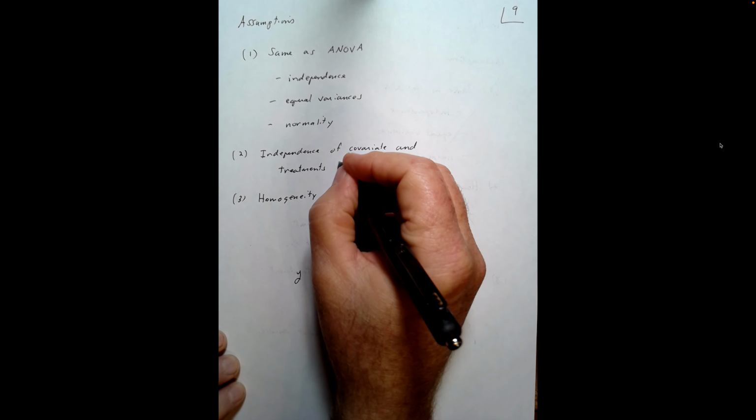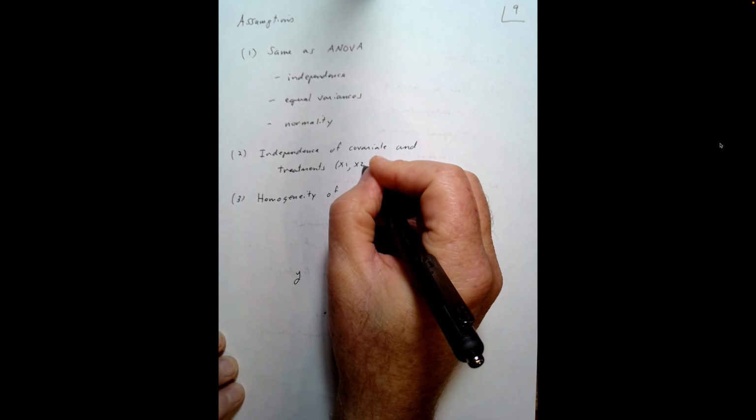All right, speaking of assumptions, what are the assumptions for the model? As you would expect, they're the same as ANOVA: independence, equal variance, and normality. But we have two additional assumptions that we have to test. The first assumption is independence of the covariate and the treatments, x1, x2, and that's really easy to do.